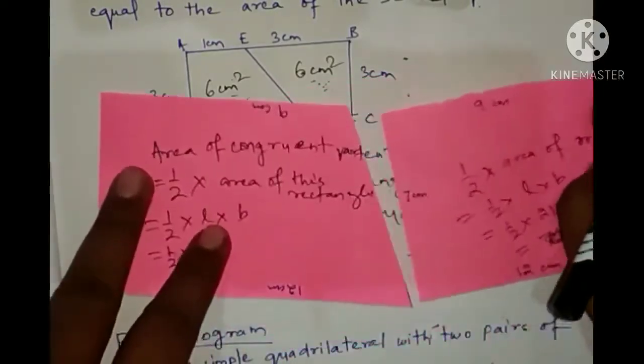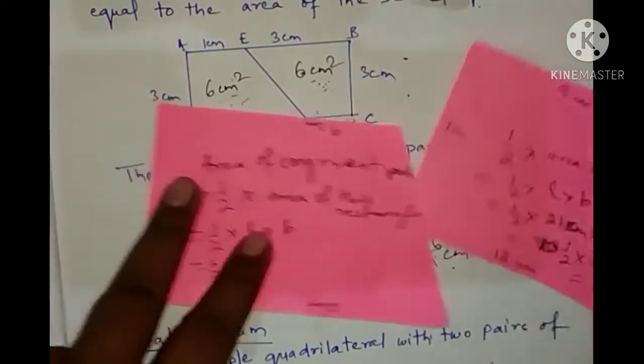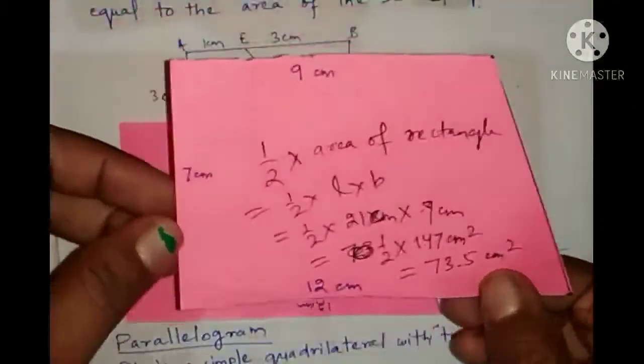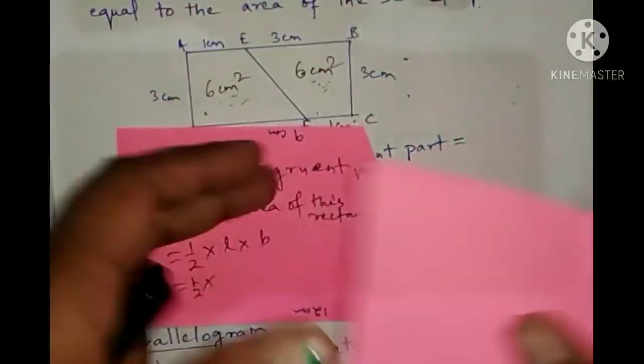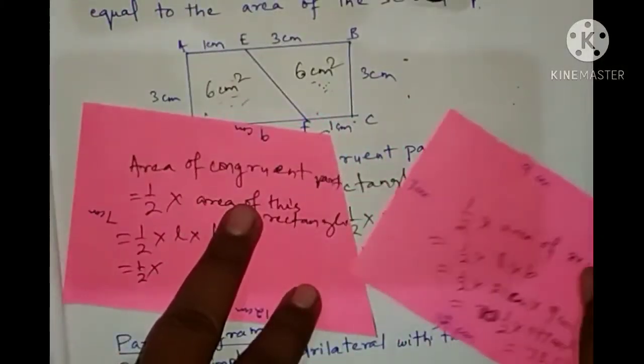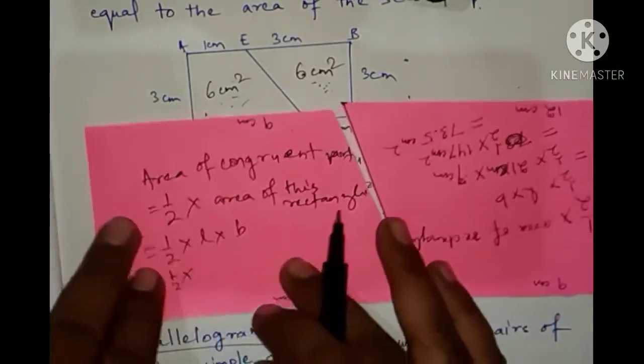Length is this one. If I join the area, what will I get? Length equal to 9 plus 12 centimeter.